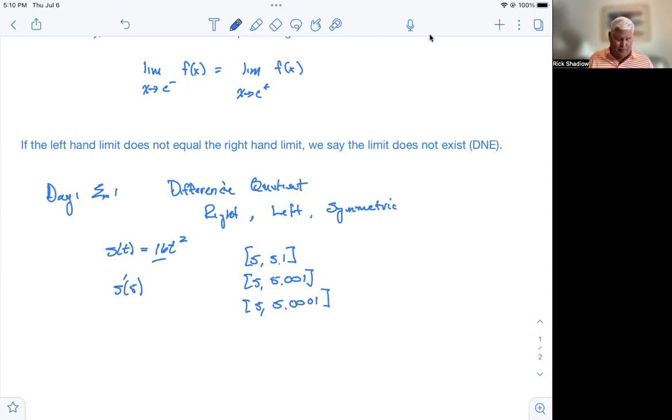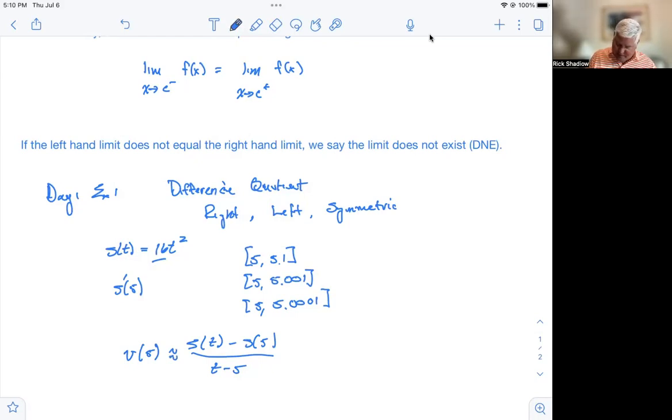I'm going to encourage you to look at that chart, but what I want you to realize in particular is that it's s of t minus s of 5 over t minus 5. This is the velocity of the object at 5 seconds, or even better, an approximate value of the velocity at 5 seconds.